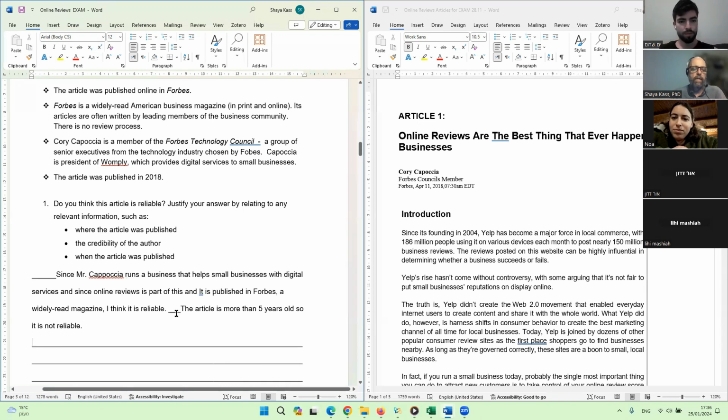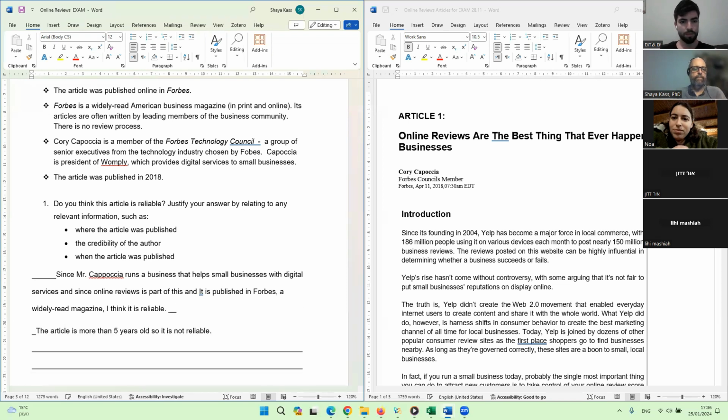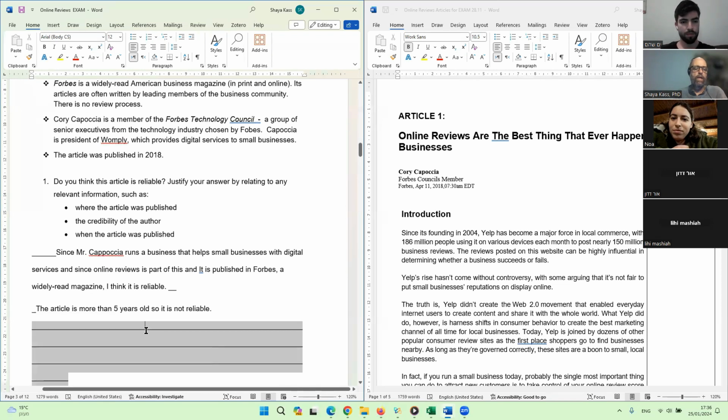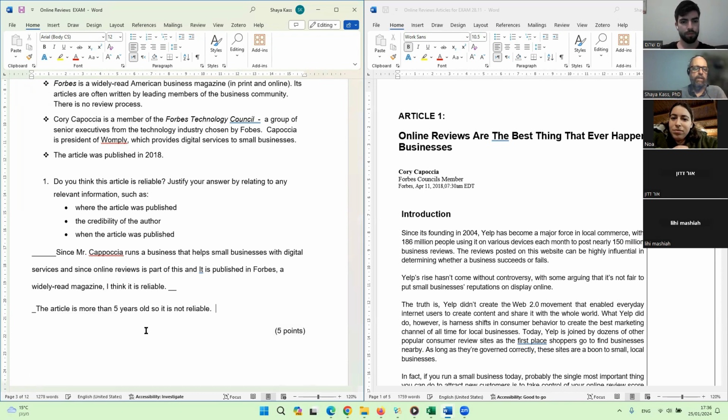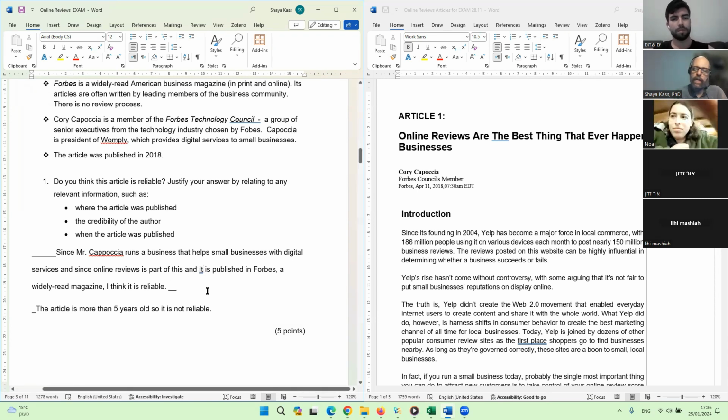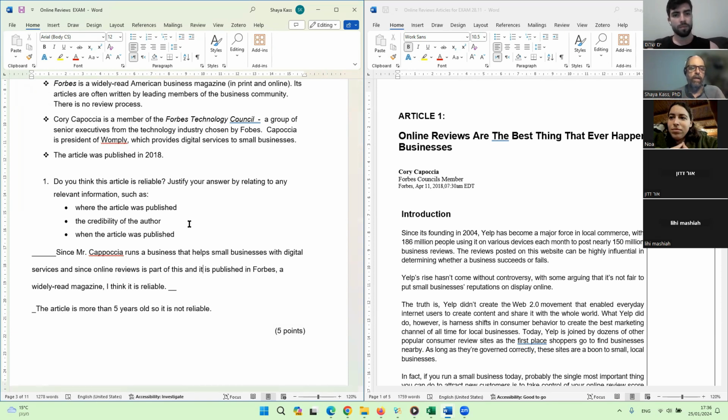And both of those get you full credit. So there's not just one possible answer here. Both answers are fine. It's possible that you'll find a teacher who says that because it's more than 5 years old, you should have just said unreliable. I don't think so. If that happens, you come to me and I'll take care of it for you.